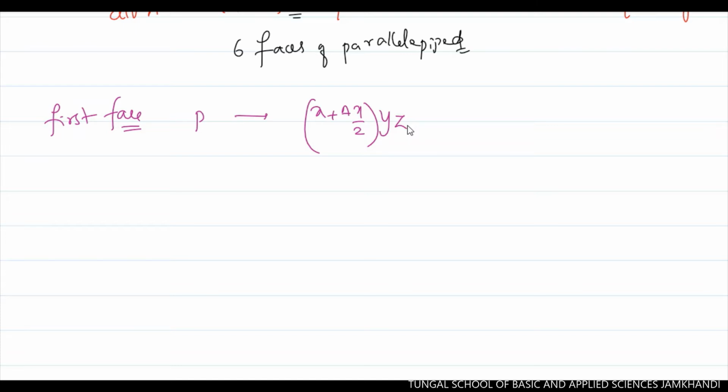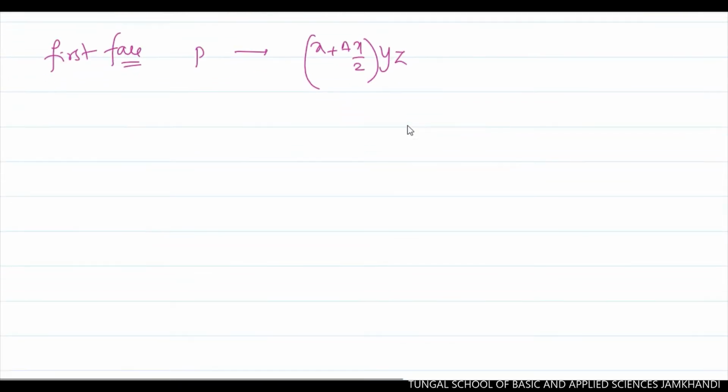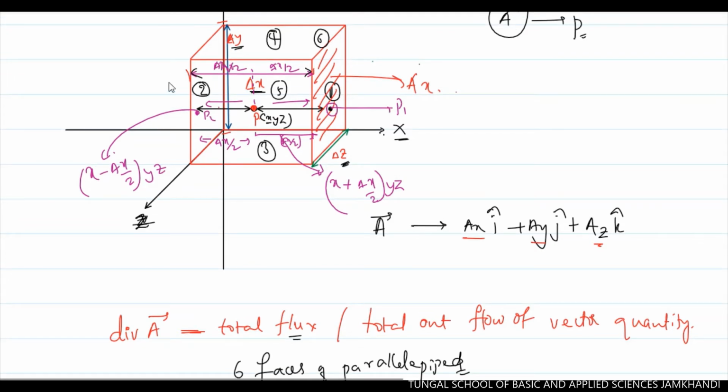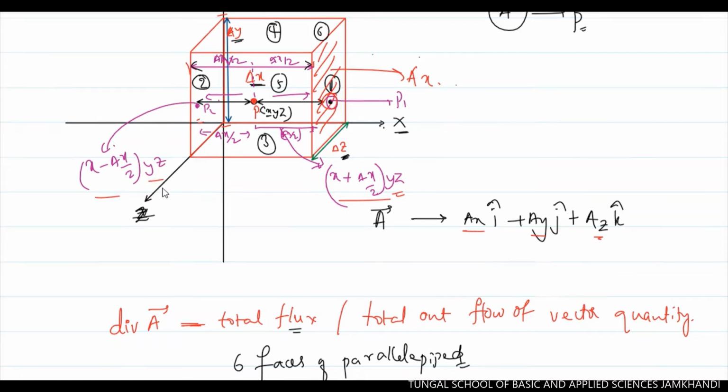Because P lies at the center of the block on that particular face 1, and similarly, the coordinates of the point at the center of the second face will become x minus delta x by 2, y, z. So for P1 the coordinates are x plus delta x by 2, y, z, and for P2 this becomes x minus delta x by 2, y, z. So these are the coordinates of those particular points.